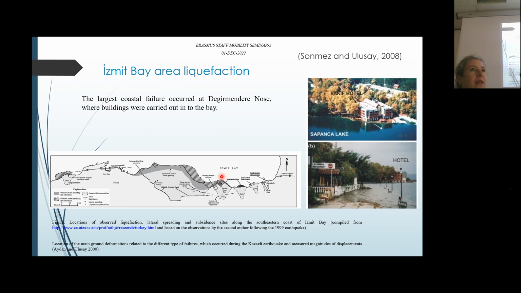If you wish, I can make it bigger as a figure because I agree with that. It's not clearly seen because there are some liquefied areas with lateral spreading or vertical settlement. Like in here, the hotel is going towards the sea. It was a really important case for us.